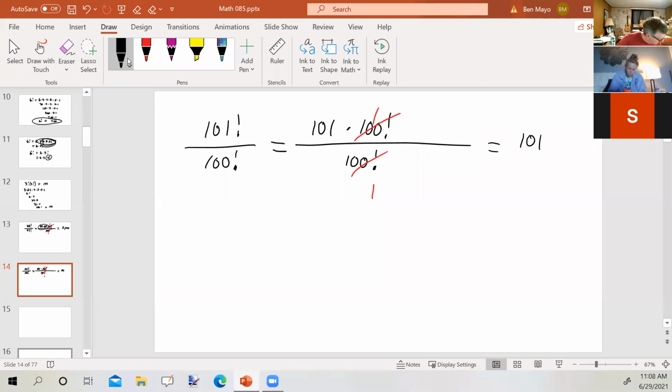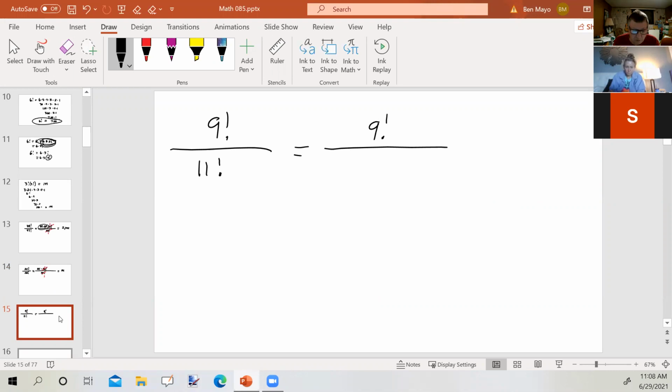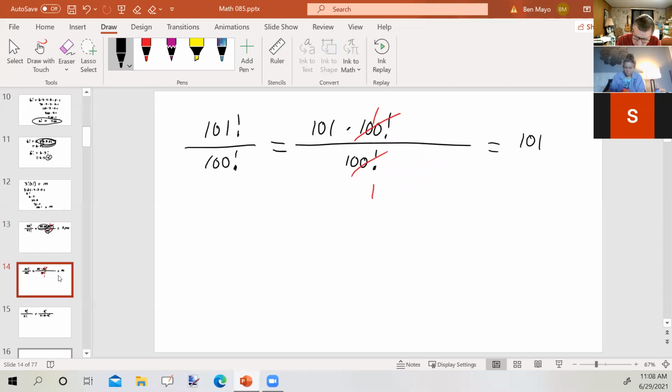Okay. How about this situation where we've got 9 factorial over 11 factorial? Well, the numerator could be written as 9 factorial. The denominator could be written as 11 times 10 times 9 factorial. Now, let's go back here. Notice that I didn't cancel the 47 factorial over the 47 factorial. I simplified it, reduced it down to 1 over 1. Same thing here.